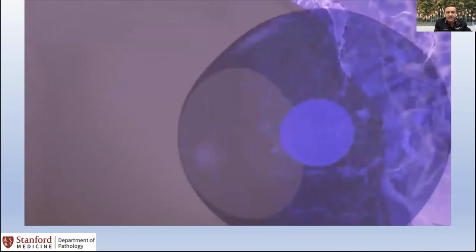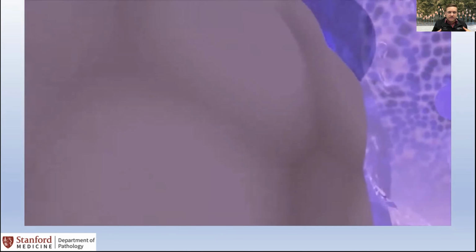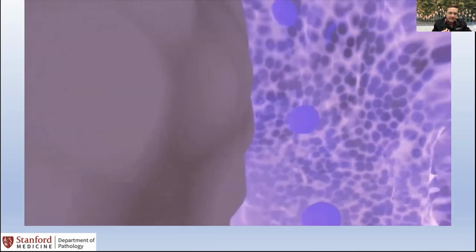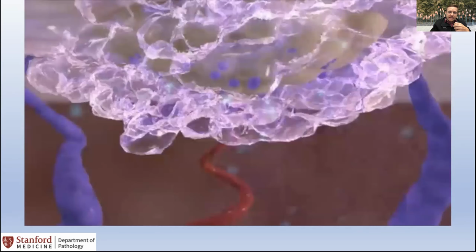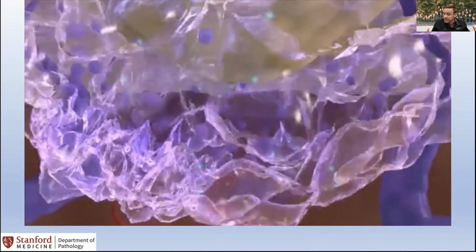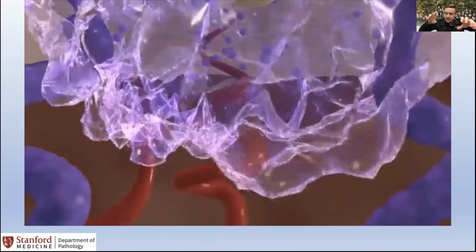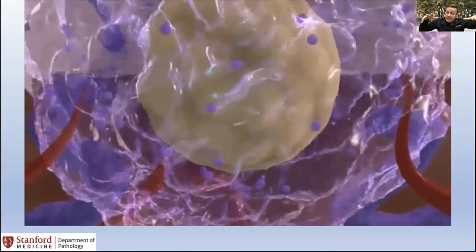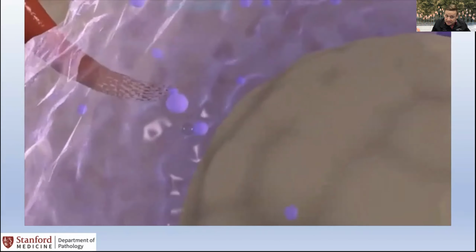And what's happening is that inner cytotrophoblast is secreting enzymes. That's what these blue blobs are representing. And these proteolytic enzymes are actually literally breaking down the surrounding endometrial tissue so that the syncytiotrophoblast can go and extend its little projections and take hold or implant.